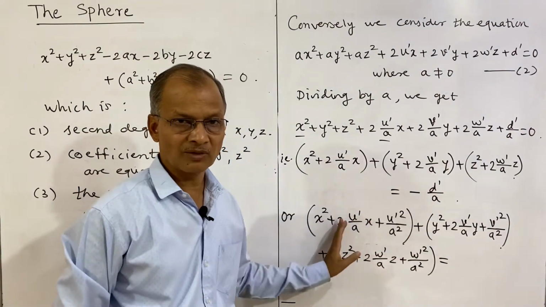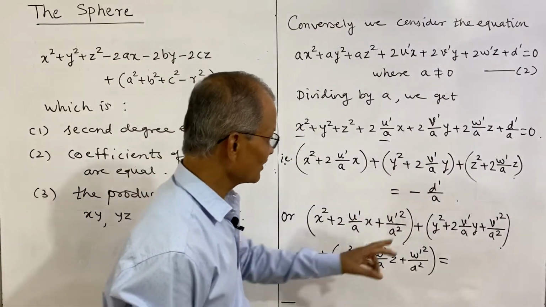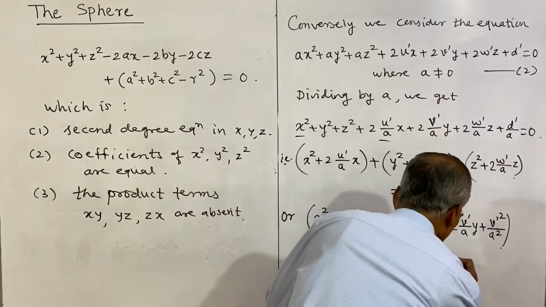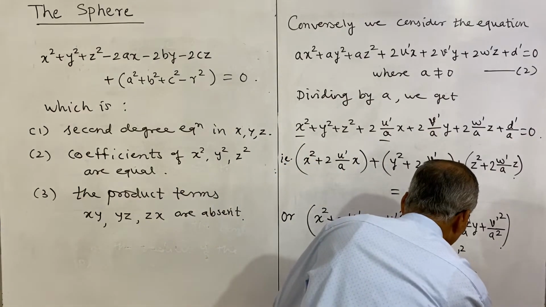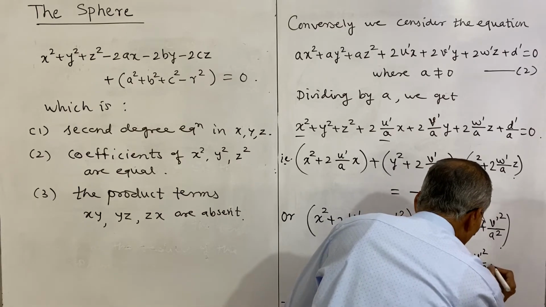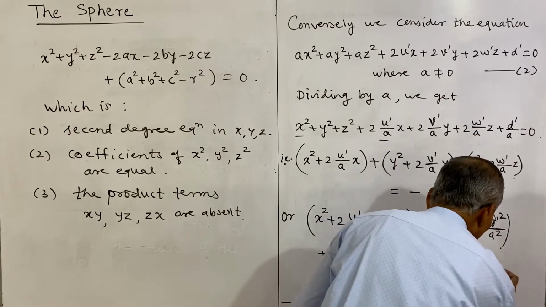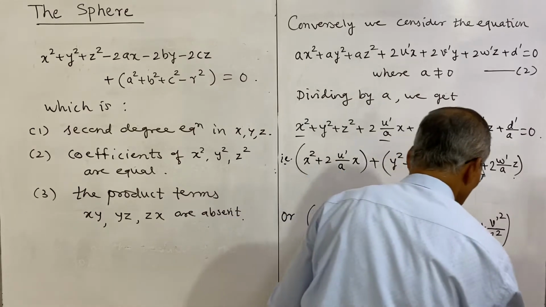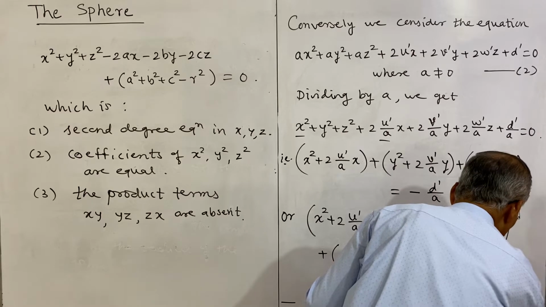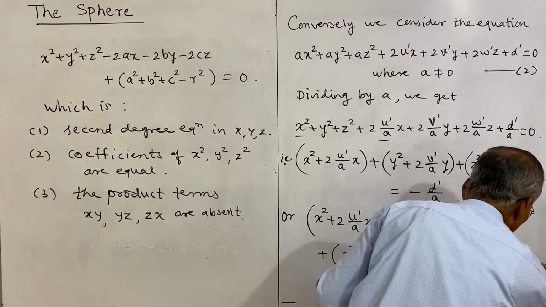So the equation will remain as it is, or balanced, and thus if you add these terms on the right side, the terms added are u prime square divided by a square, plus v prime square divided by a square, plus w prime square divided by a square, minus d dash divided by a.